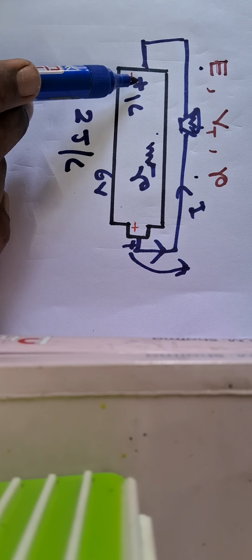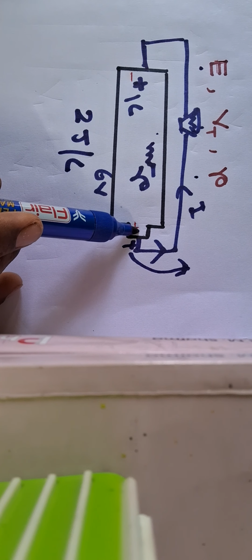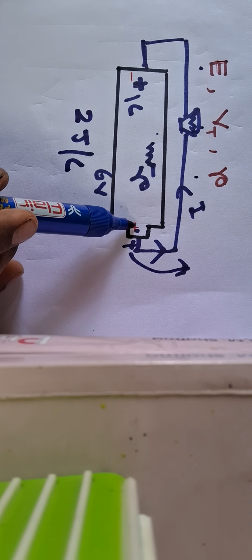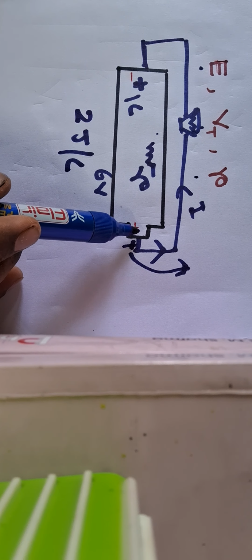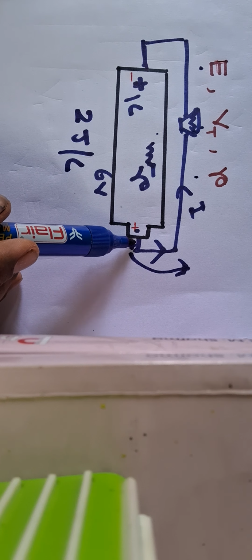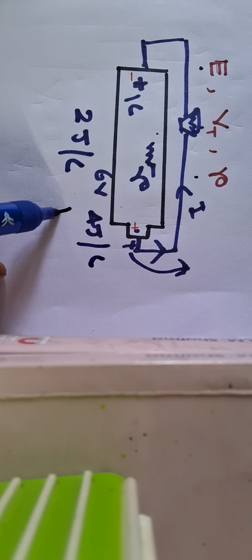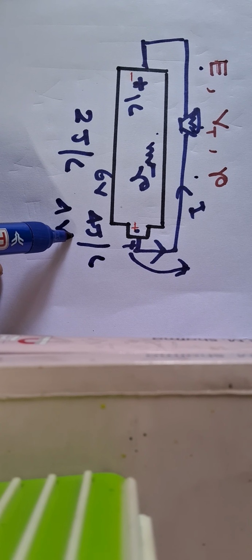It means to bring 1 coulomb charge from here to here, due to internal resistance, 2 joule of energy is lost. So actually 1 coulomb charge gains what amount of energy? 4 joule of energy per coulomb, or you can say 4 volt.